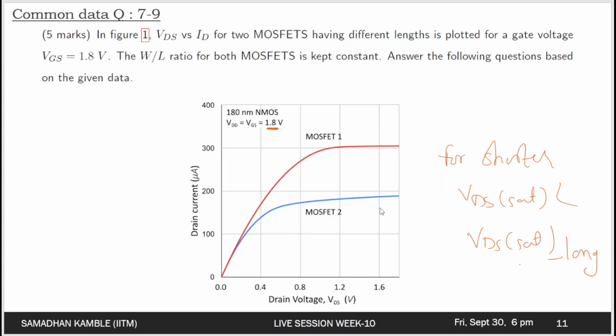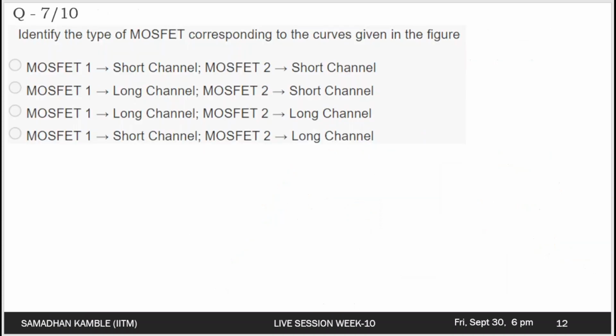So in this particular diagram, we can see that this characteristic corresponds to short channel and this corresponds to long channel. The characteristic tells us this quite in detail. So the answer is MOSFET 1 is long channel and MOSFET 2 is the short channel.